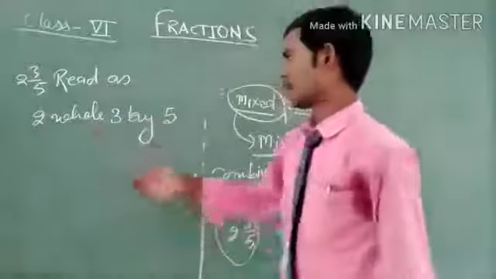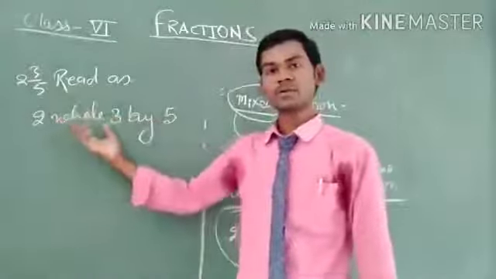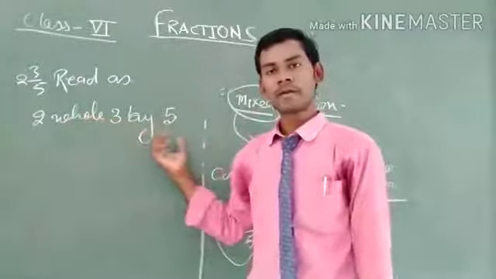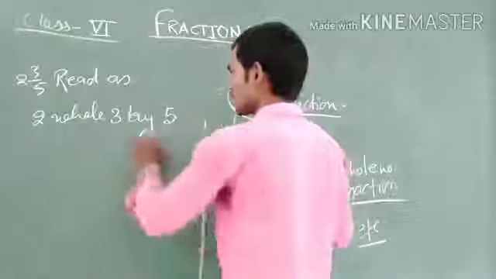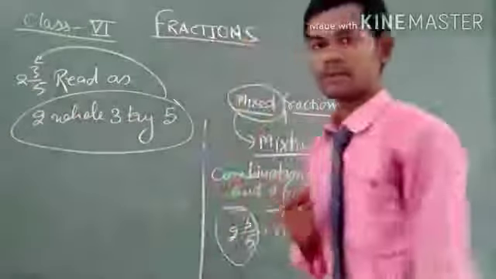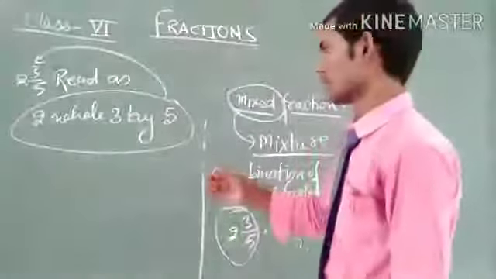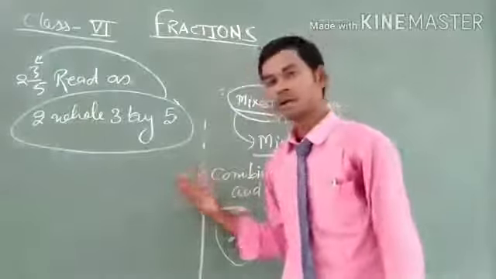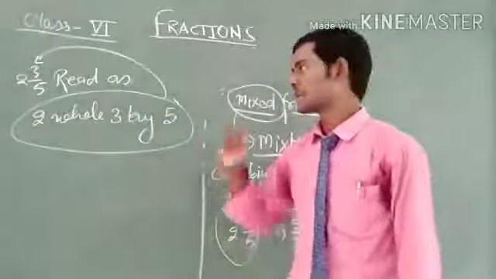We read this fraction as 2 whole 3 by 5, which means 2 whole 3 upon 5.